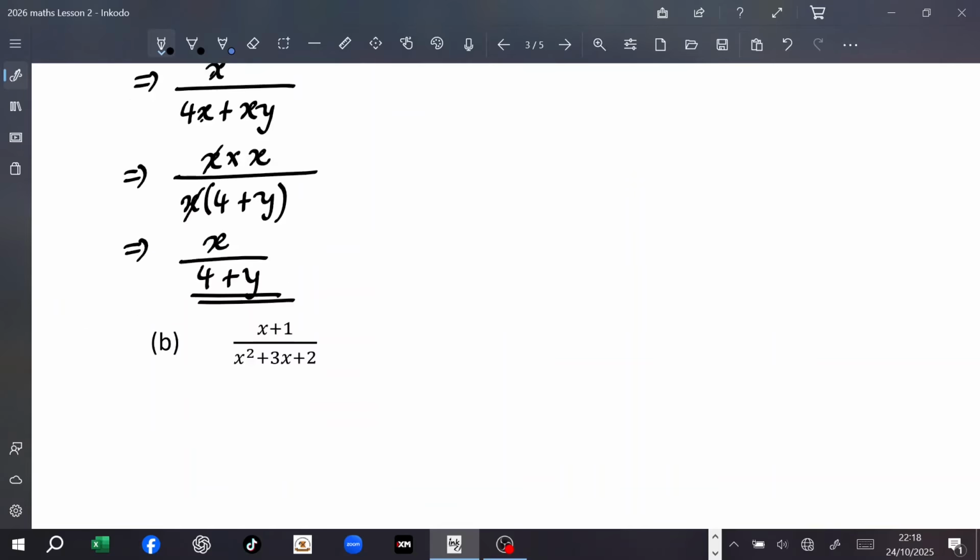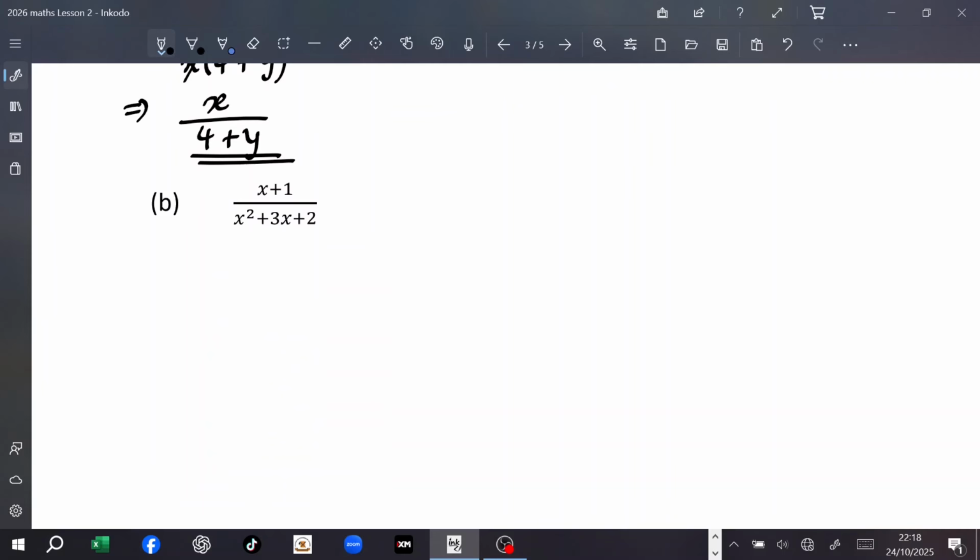Then we move on to the next question, which is x plus 1 over x squared plus 3x plus 2. When you look at this one down here, it's a quadratic expression.